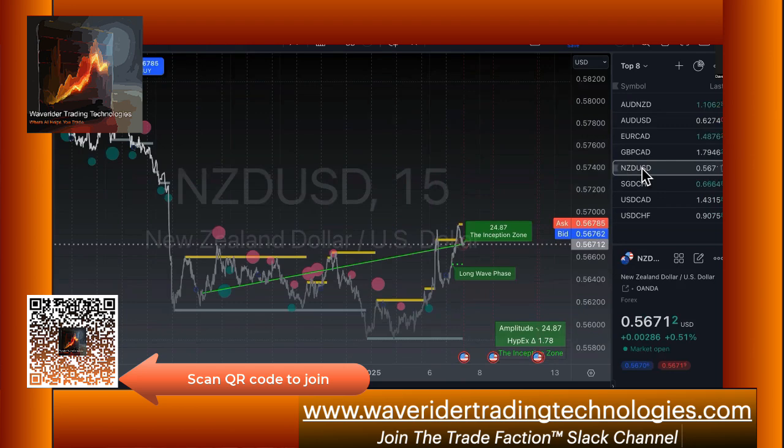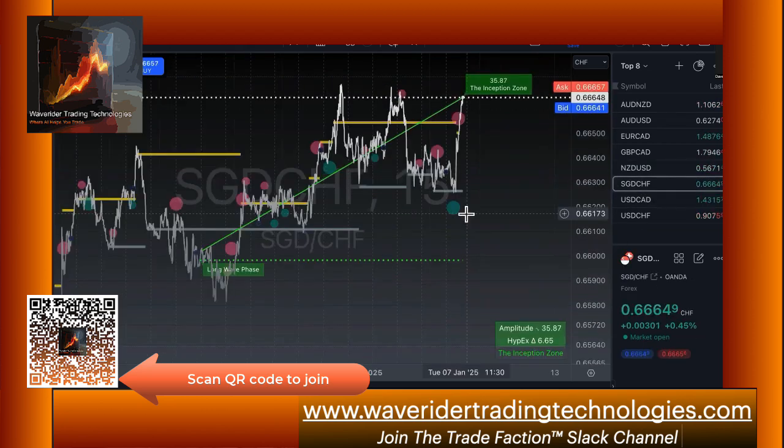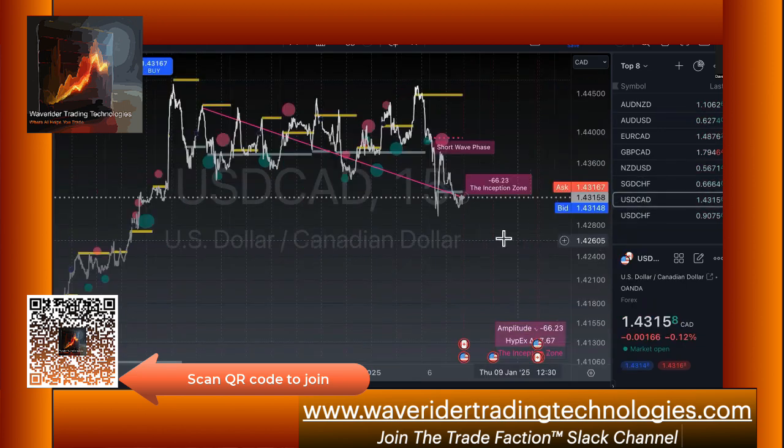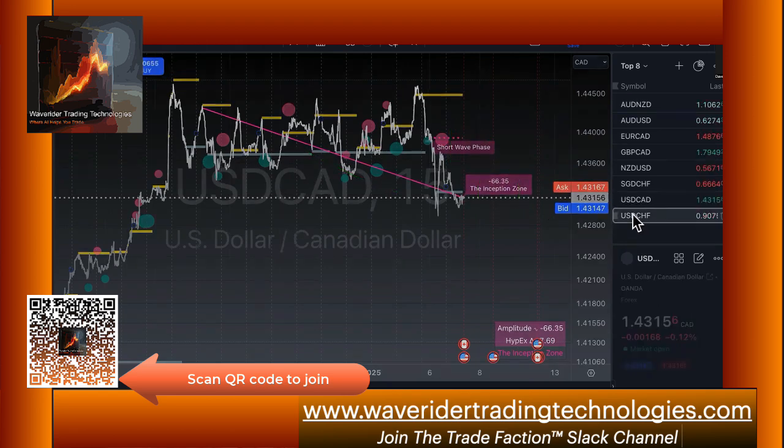New Zealand US dollar, this is in the zone, uptrend, long wave phase, looking for longs, waiting for a sweet spot. Singapore dollar, Swiss franc, uptrend, in the zone, looking for longs, waiting for sweet spots. Sound familiar? Dollar, Canadian dollar, downtrend, looking for shorts in the zone, waiting for a sweet spot.